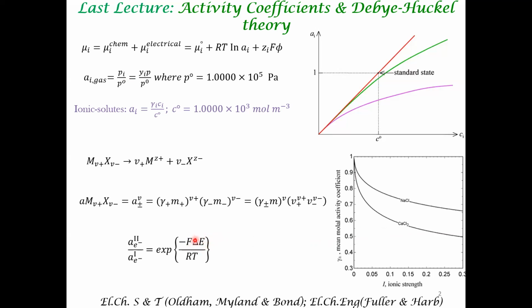If you know the potential difference between two electronic conductors, we can obtain the ratio of the activity of the electron present in one of the electronic conductors divided by the activity of the electron present in the other electronic conductor. And this is the potential difference between the two electronic conductors, indicated here by 1 and 2.